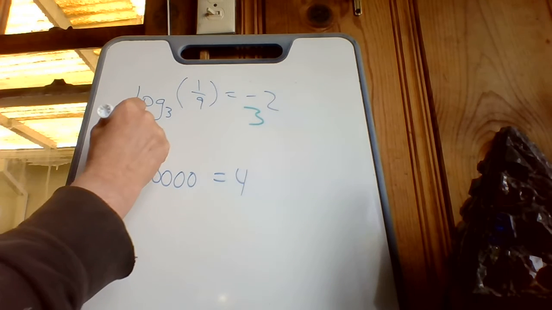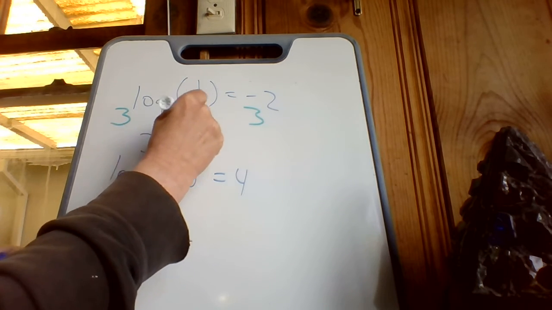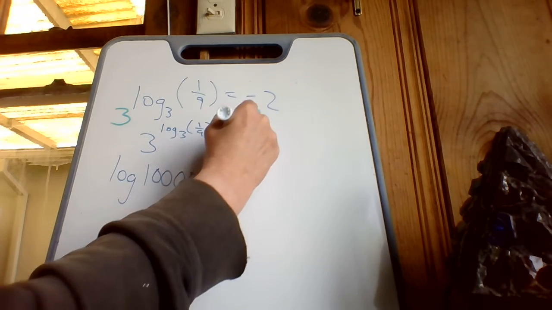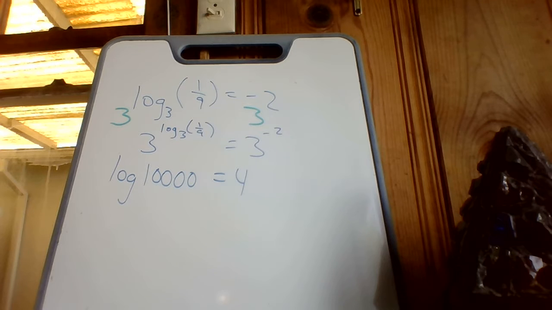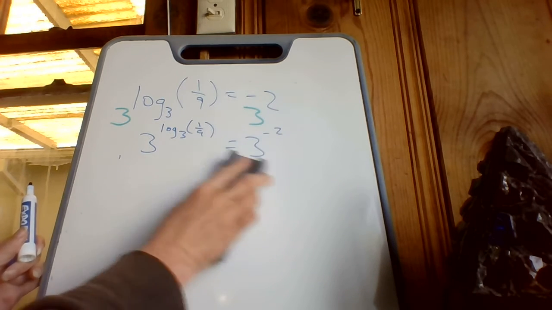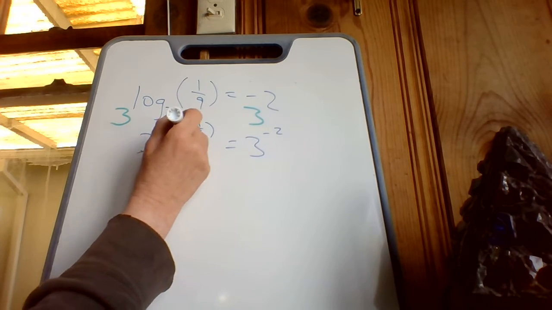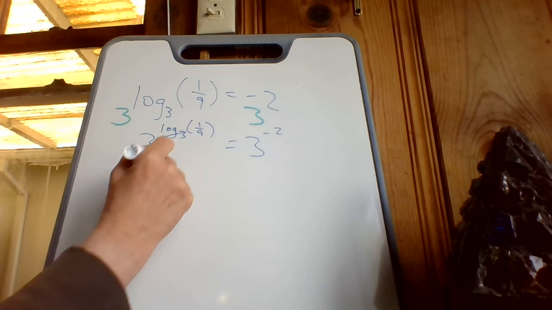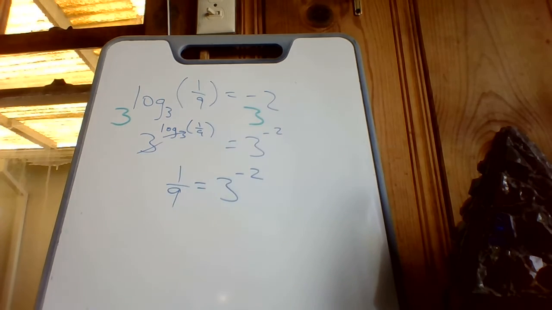So in other words, I just write it 3 to the log base 3 of 1/9 and 3 to the negative 2. And then I go ahead and use that when the base and the base are smooshed up against each other, they cancel out. To cancel both of those out, now I've got 1/9 equals 3 to the negative 2.